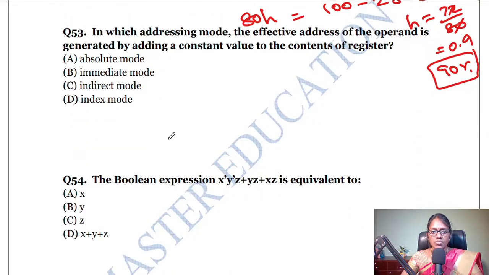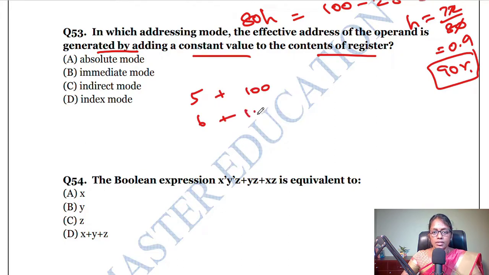The next one: in which addressing mode is the effective address of the operand generated by adding a constant value to the content of the register? That is called index mode. Index mode is nothing but you are adding some constant value every time. If the data is 5, I am adding some 100, so at the 105th location I am storing the 5.